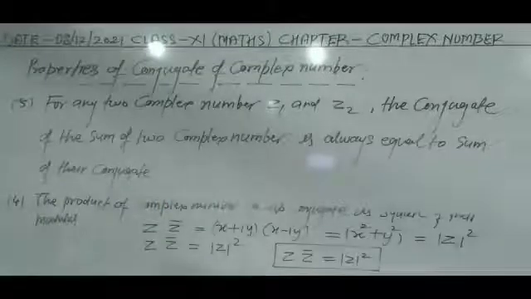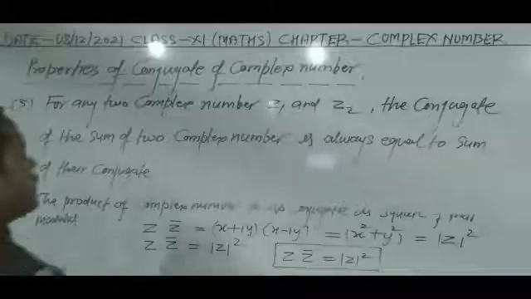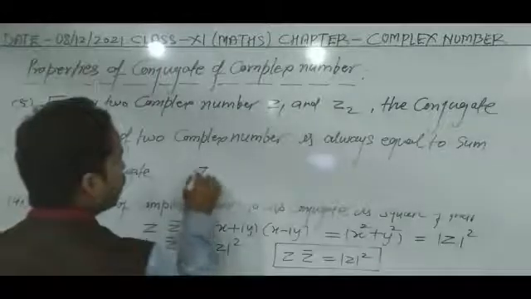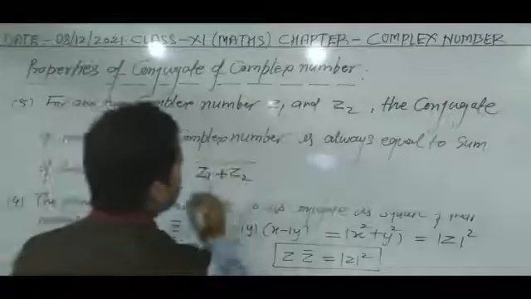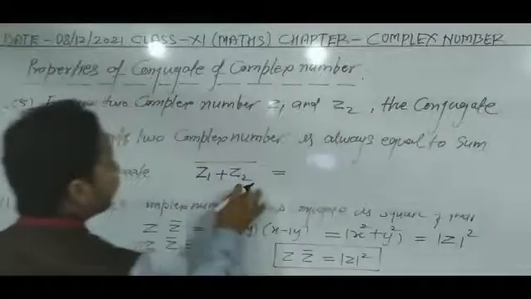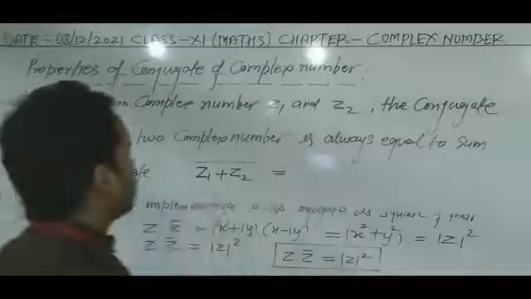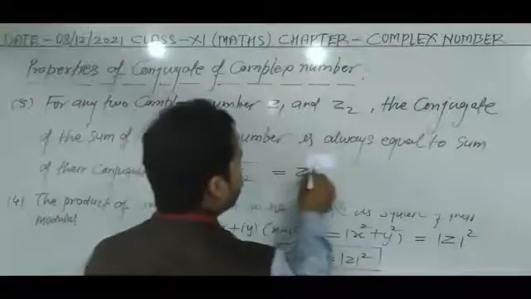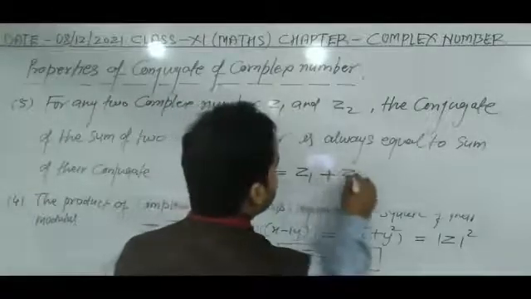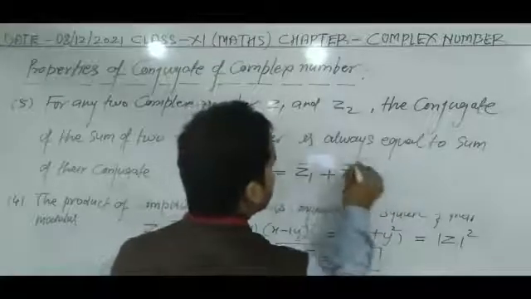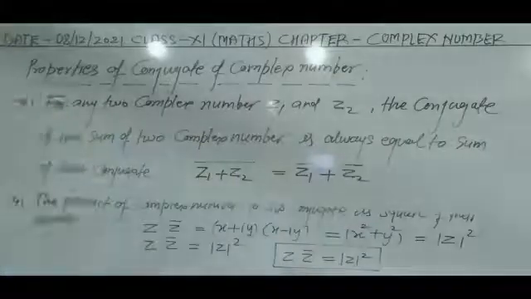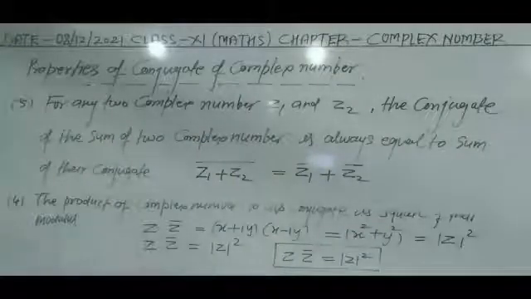So what we can write? Conjugate of z1 plus z2 is equal to z1 conjugate plus z2 conjugate. Now this is the formula.